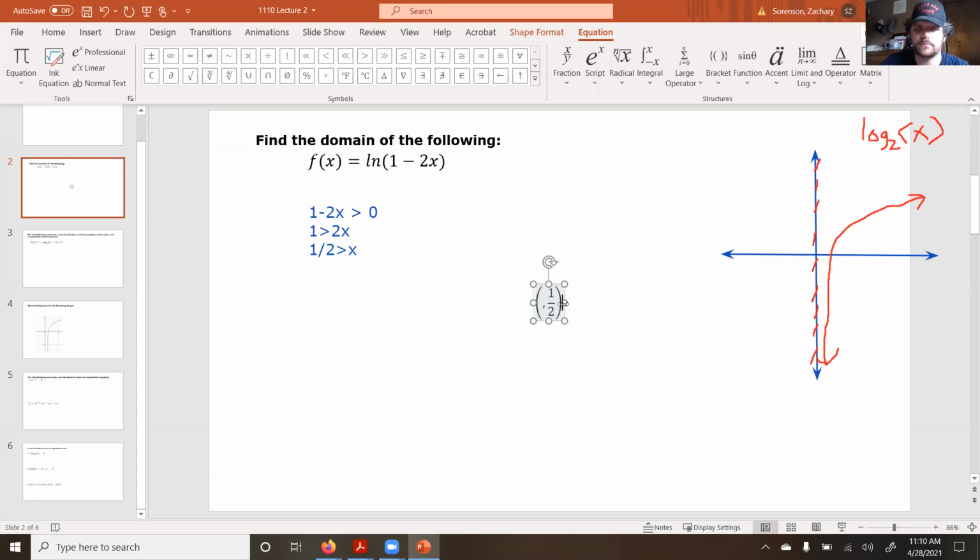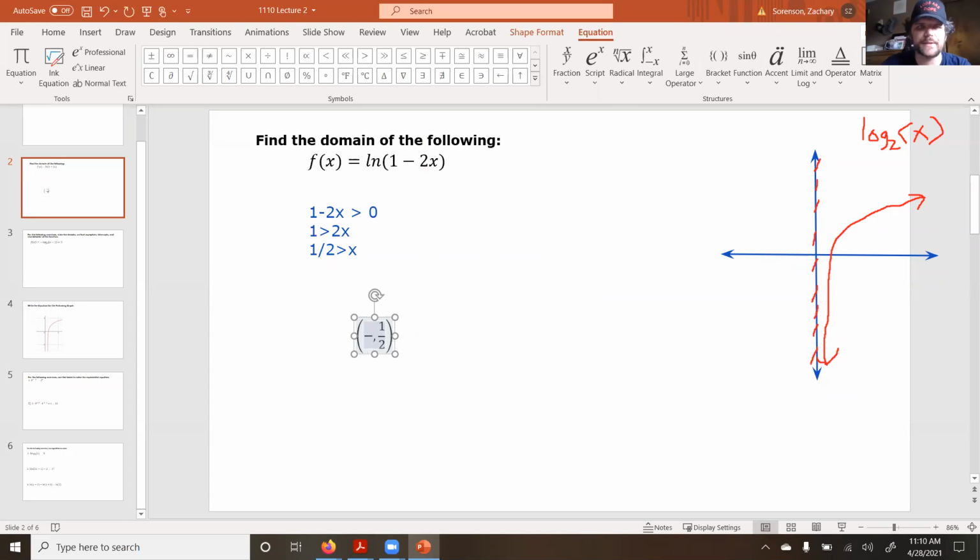So that's the biggest value. What's the smallest value? Negative infinity. Yeah, perfect.